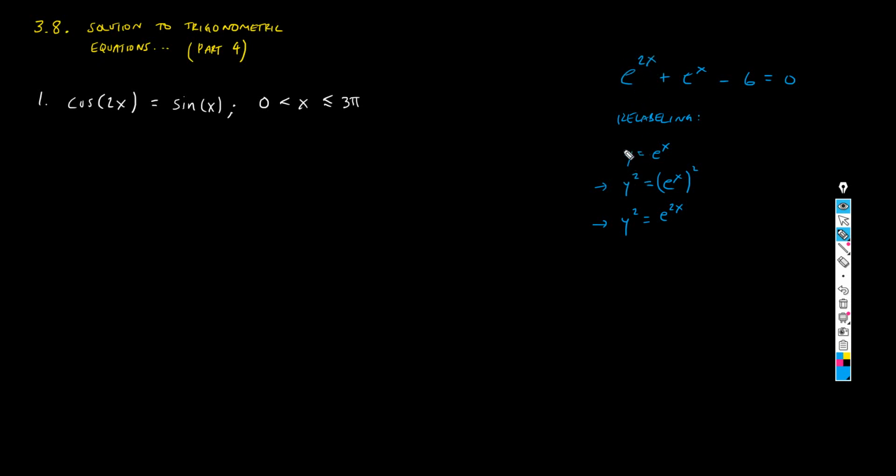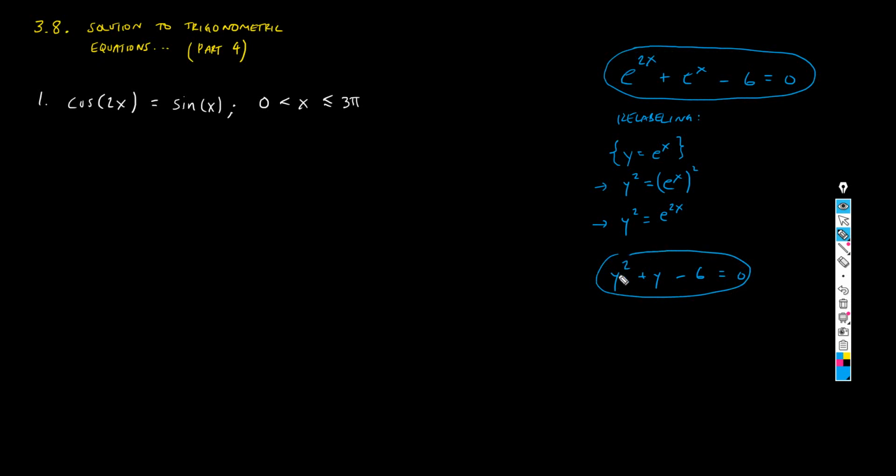So with this little relabeling, I can transform my equation into the following: e to the 2x, which is y squared, plus e to the x, which is y, minus 6 equals 0. And I have transformed this equation, which looked very complicated, into this equation which is more manageable and which we know how to solve.